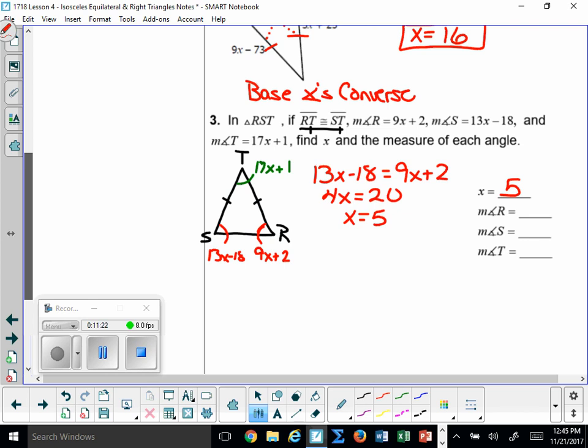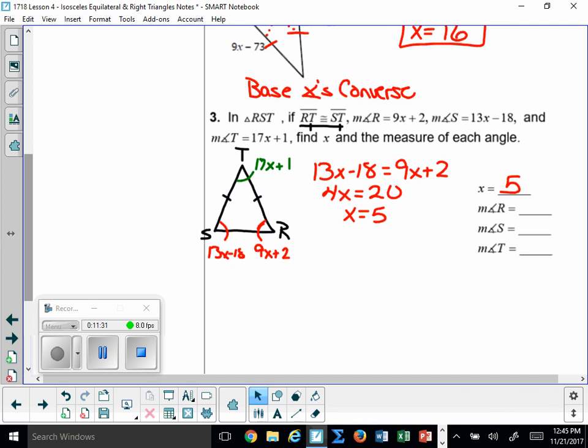How am I going to figure out the angle measures? Well, I'm going to substitute 5 into each one of these expressions in order to come up with the angle measure. So let's see. 9 times 5 plus 2 is 45, 47. That's angle R. And angle S has the same measurement.